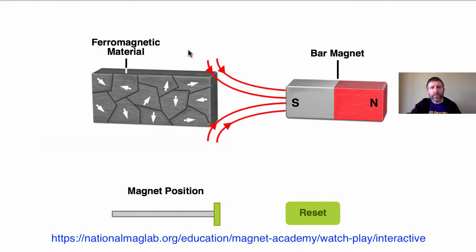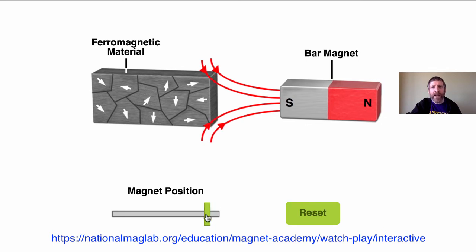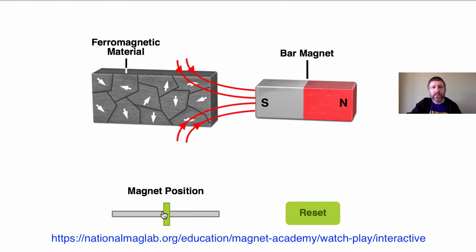We have a ferromagnetic material, and this represents the orientation of each of the domains. Notice they're aligned very randomly. I'm going to take this bar magnet, which will provide an external magnetic field to this ferromagnetic material, and move it close. Watch what happens to the alignment of those domains when I bring this close.